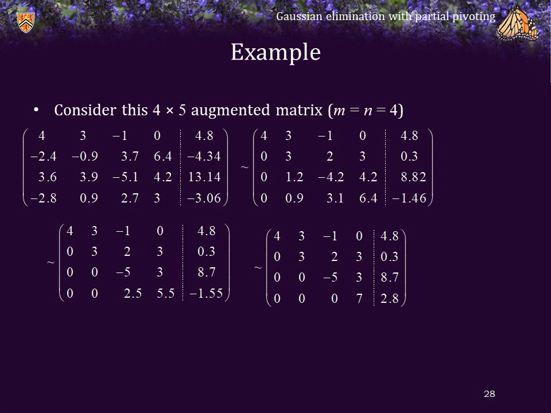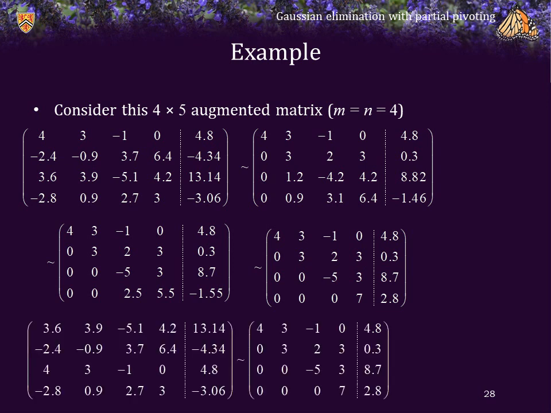We see that this matrix is in row echelon form, so we are done. Thus, the original matrix is row equivalent to this matrix, and therefore the solution to this matrix in row echelon form is also the solution to the original matrix.